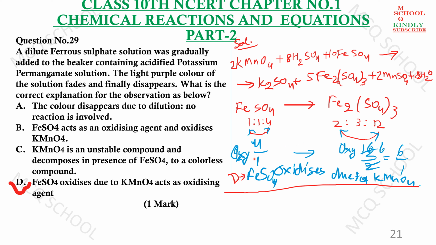So if we check the ratio of the iron and oxygen, it is increasing from 4 to 1 to 6 to 1. So that means ferrous sulfate is oxidized due to potassium permanganate, which acts as an oxidizing agent. So hence the answer is D. Ferrous sulfate oxidizes due to potassium permanganate, which acts as an oxidizing agent.